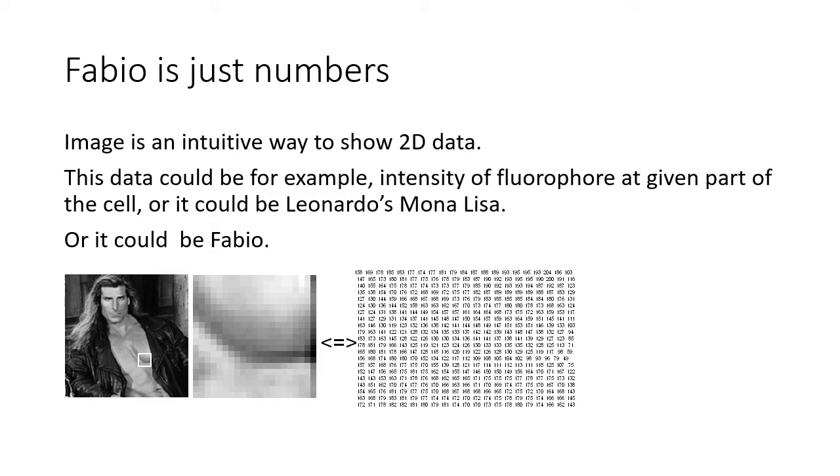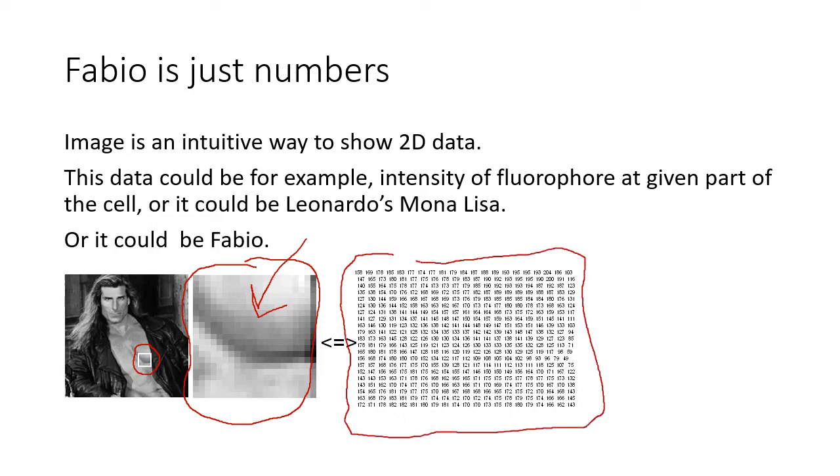Here we have taken a close-in picture of Fabio's pecs, and here we can see the pixels, and while in this picture we can see the muscles and the shadows between them, what in reality we have is just an array of numbers.